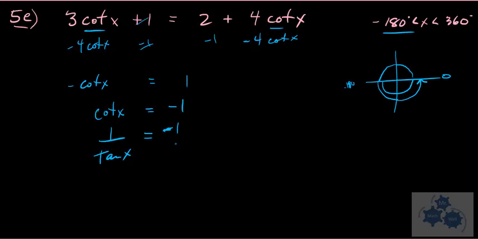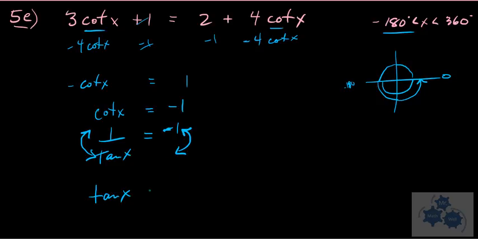So what does this tell us? Where cotan x is negative 1, we're really looking for 1 over tan x. So if you want to make this tan x, we need to basically take the reciprocal of both sides. So what are we going to do?